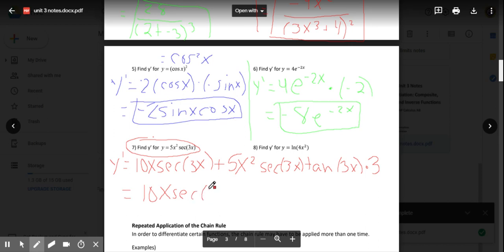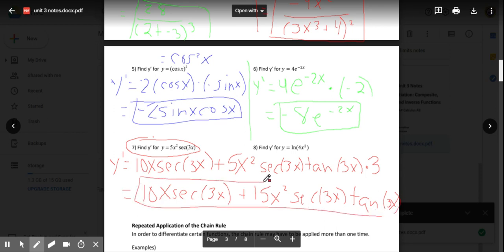So 10x times secant of 3x, and then plus, we're just going to multiply this 3 with the 5, plus 15x squared secant 3x tangent 3x. And that is our derivative, that whole thing there.